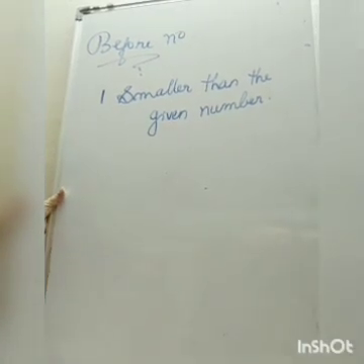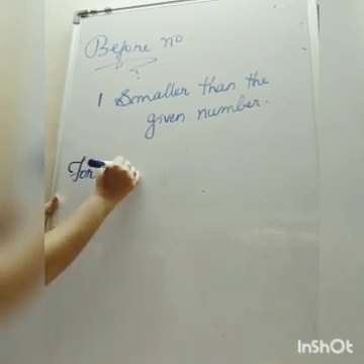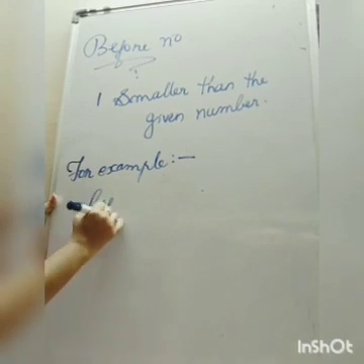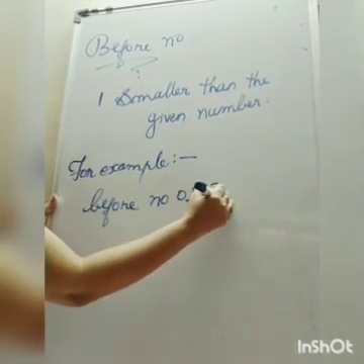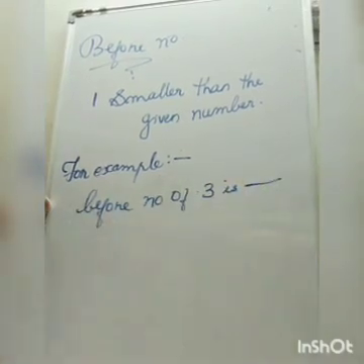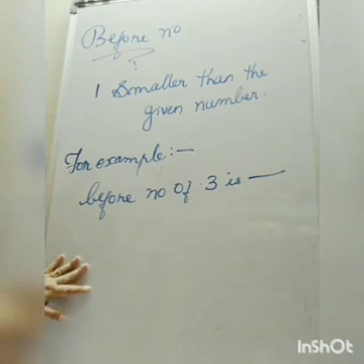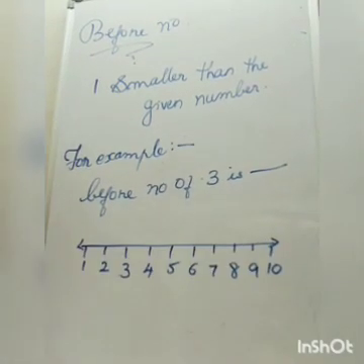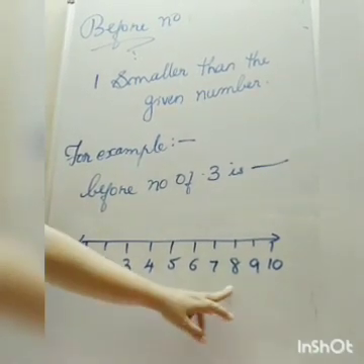For example, before number of 3 is dash. With the help of a number line, we can understand before, after and between number. This is a number line.